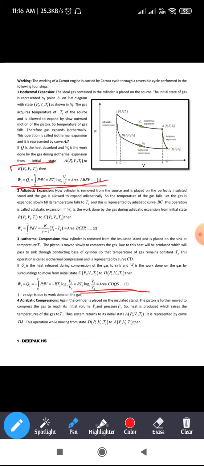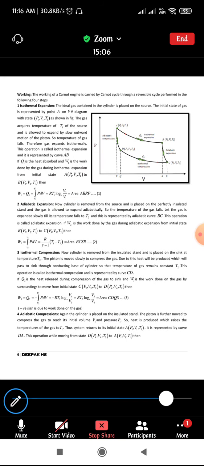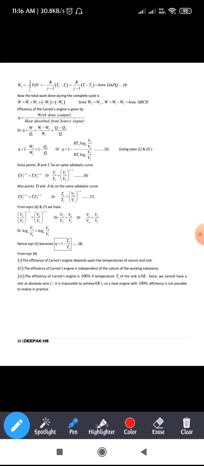So substituting the values of Q1 and Q2, efficiency is equal to 1 minus RT2 log base e V3 by V4 divided by RT1 log base e V2 by V1, which is considered as equation 5.